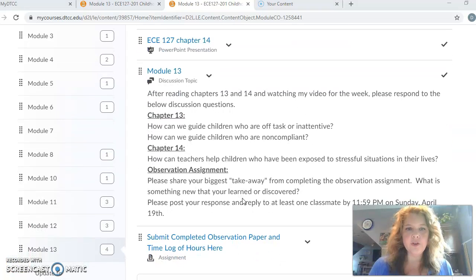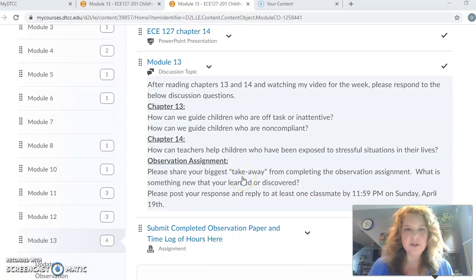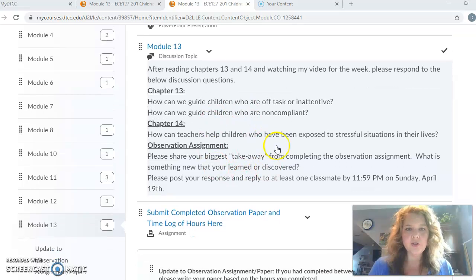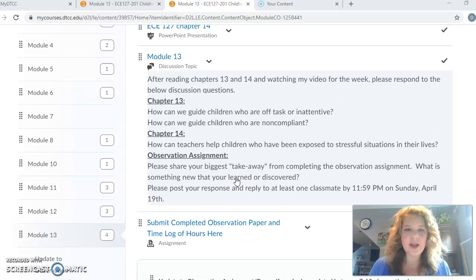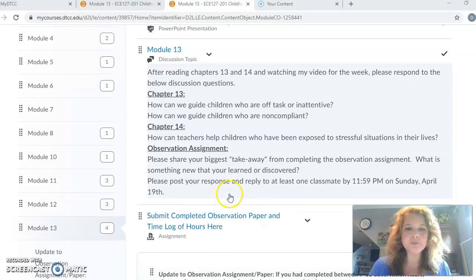So for this week, you have two things that are due. Your Module 13 discussion board, which has a question from Chapter 13, a question from Chapter 14, and then I've asked you just to reflect on your observation assignment. So what's the biggest takeaway or something you learned from completing the observation assignment? You don't have to write a lot for each one, just a few sentences for each question is fine.